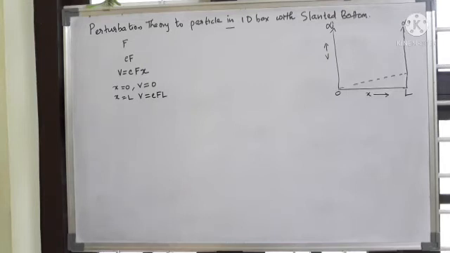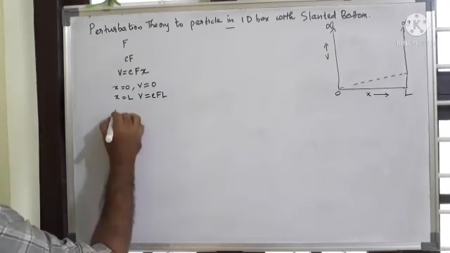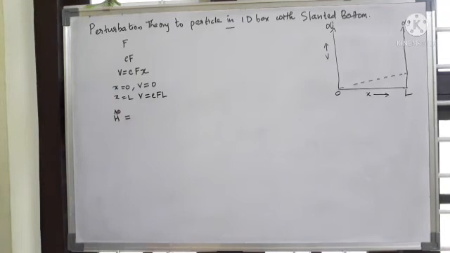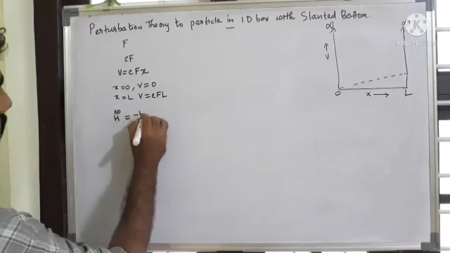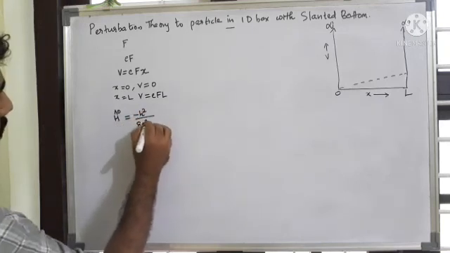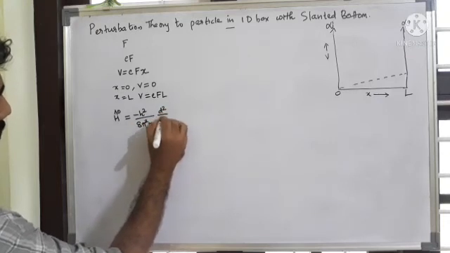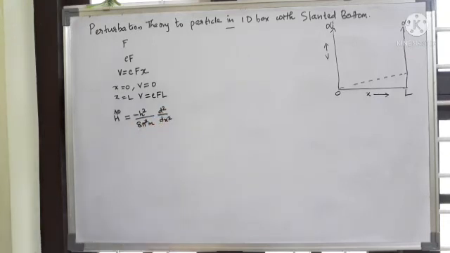Then in the absence of an applied electric field, there is no perturbation. So the unperturbed Hamiltonian can be written as H cap 0, equal to minus h square by 8 pi square m into d square by dx square.